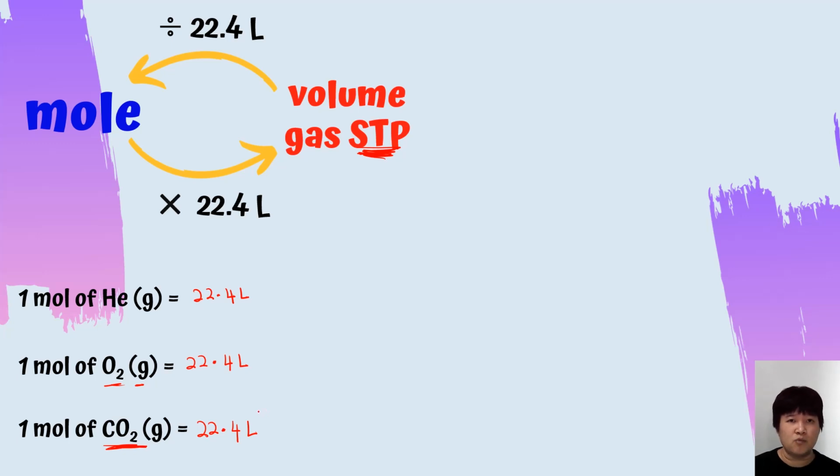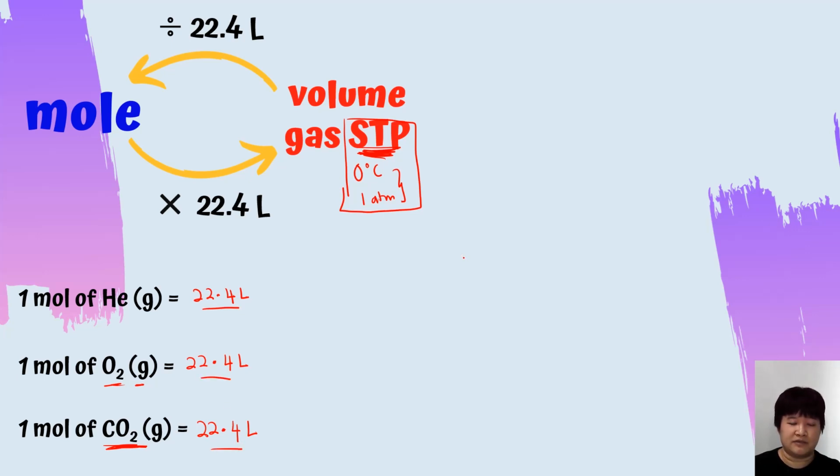It doesn't matter what gas you are having. What is important is 0 degrees Celsius, 1 atm is the condition. So as long as you are in this condition, 1 mole of any gas will equal 22.4 liter.